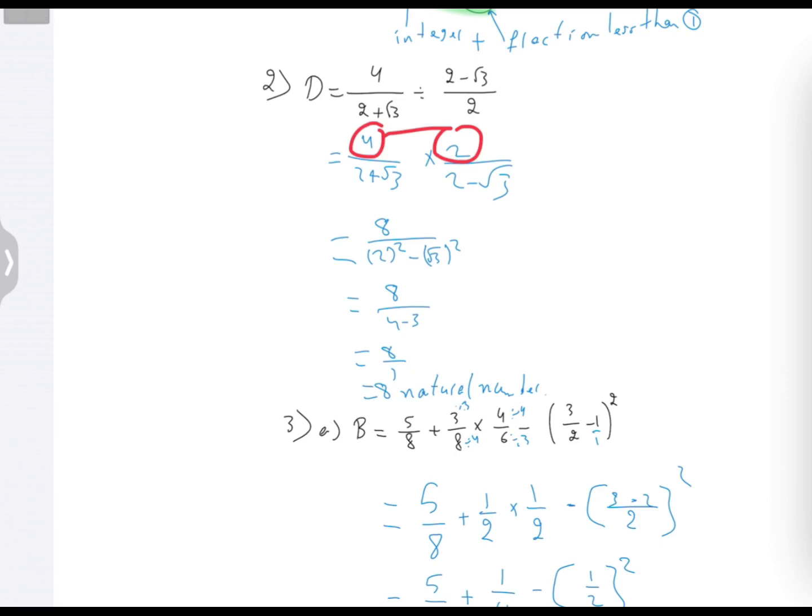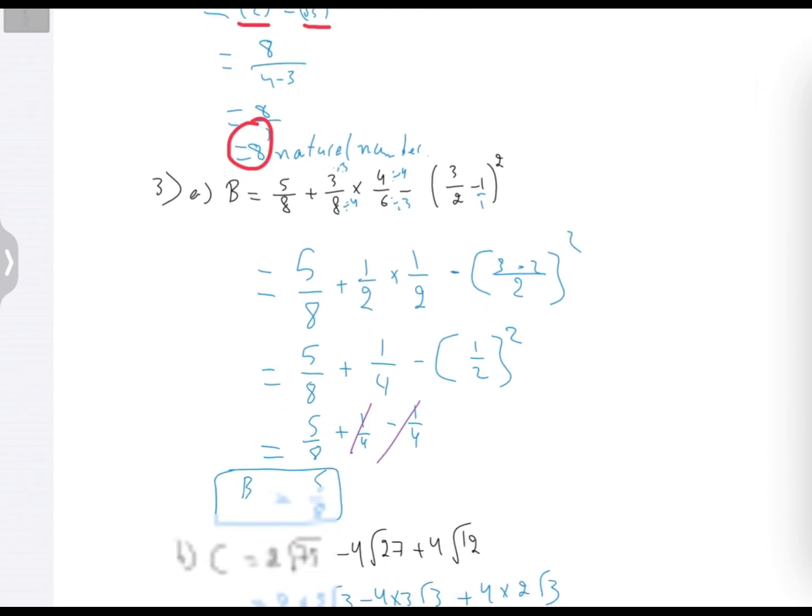It's 4 times 2 is 8. Now we can notice that the denominator is 2 plus radical 3 times 2 minus radical 3, that's (a plus b) times (a minus b). So we can write it's a squared minus b squared. That's 4 minus 3 is 1, so the final answer is 8. That's the natural number we were asked to find.